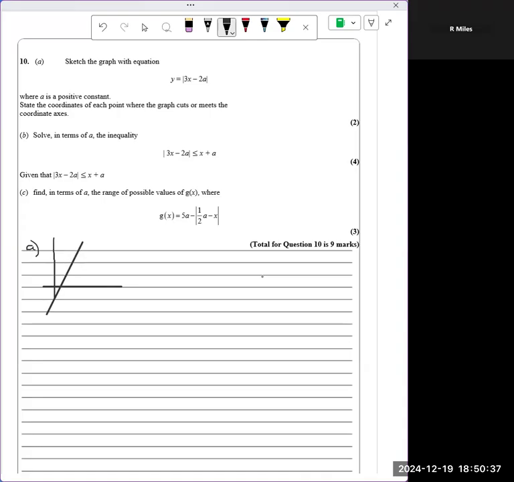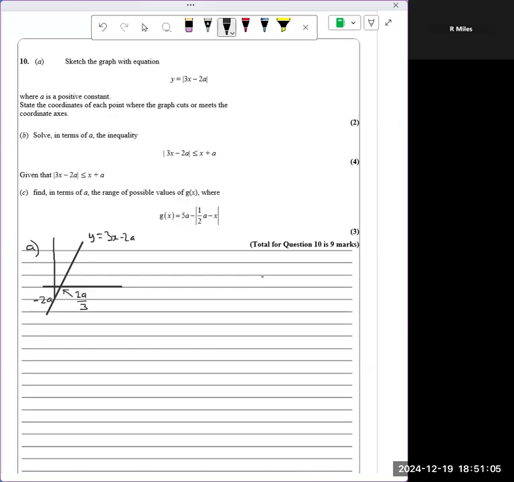So something like that. And that would be y equals 3x minus 2a. And the y-intercept here would be minus 2a. And the x-intercept would be if y equals 0, 3x equals 2a. So this would be 2a over 3. So the x-intercept is 2a over 3.